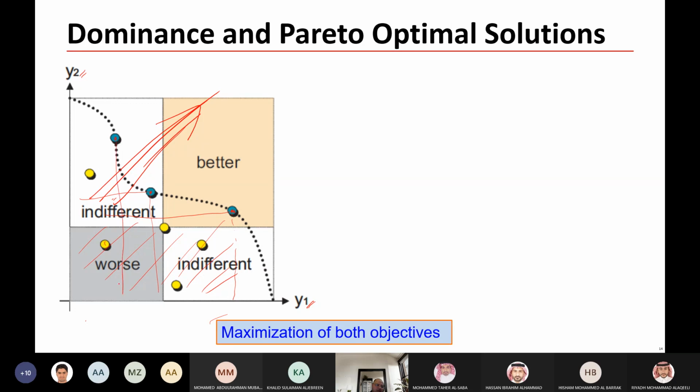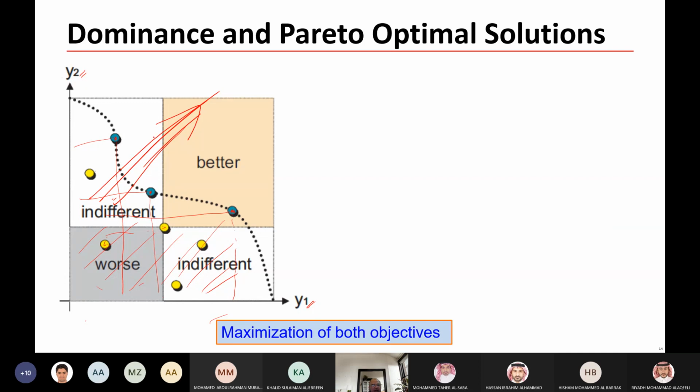This solution covers 2 solutions, this one and this one. For this solution, for example, whatever here in this gray area is covered solution or dominated solution. This solution dominates this one, or this one is non-dominated with respect to this one, but definitely this one is also covered by this one.